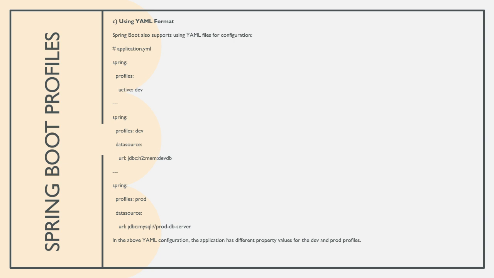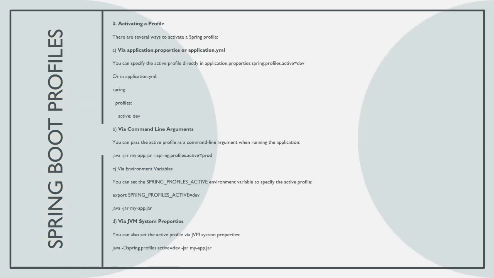Now you'll see in application.yml you have the same spring profiles active dev. So you have dev data and different resources. For production, we can have a different URL and other settings. So different environments will have different properties.